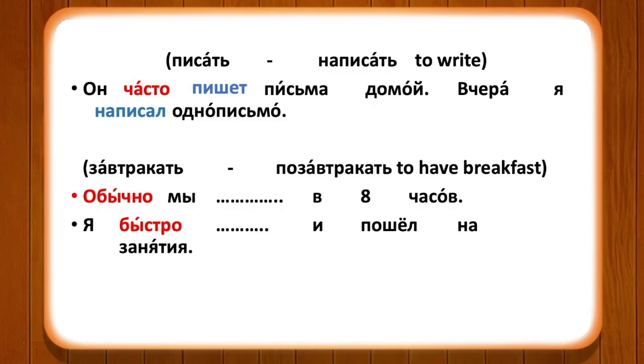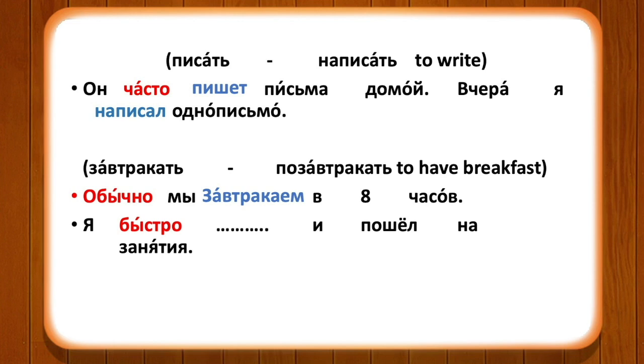So in the first sentence, you will be using the imperfective aspect завтракать, and you will be using the conjugated form according to the pronoun мы. So мы завтракаем. So the correct form of the sentence would be: Обычно мы завтракаем в 8 часов. It means that usually we have breakfast at 8 o'clock.